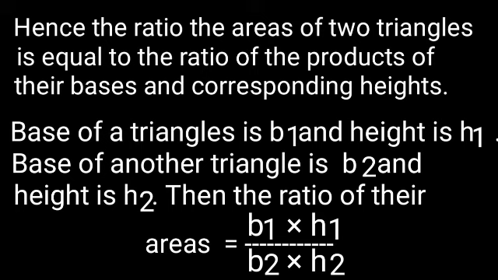Here the base and height are variable. It may be that the bases are equal, or the heights are equal. And a third condition, it may be that both base and height are equal. Hence we have to study these conditions.